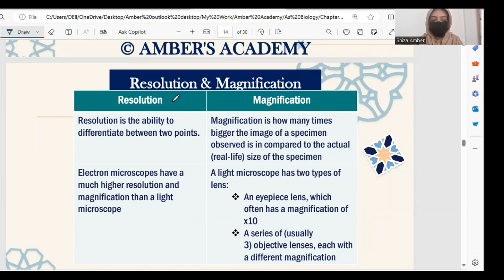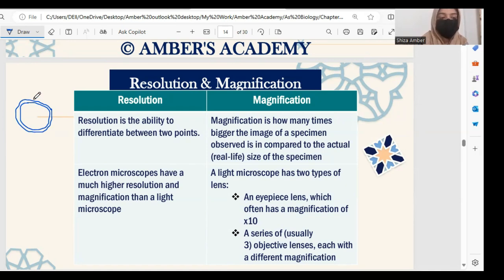So, we know that we have a nucleus in animal cell and plant cell, right? But we did not have this idea before that nucleus has two membranes. We knew in O levels that nucleus is an organelle located in center, but we were not sure if it has two membranes or a single membrane.